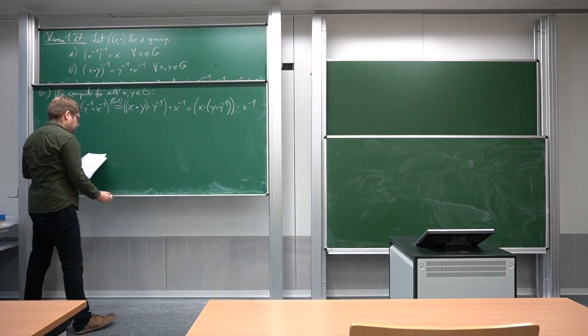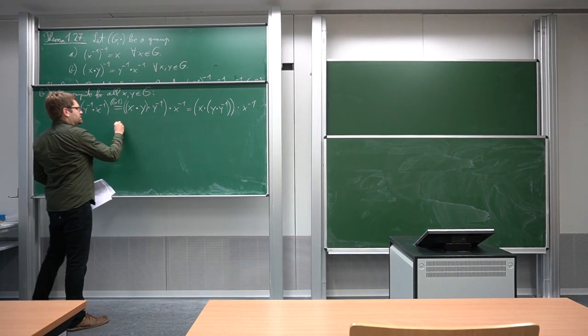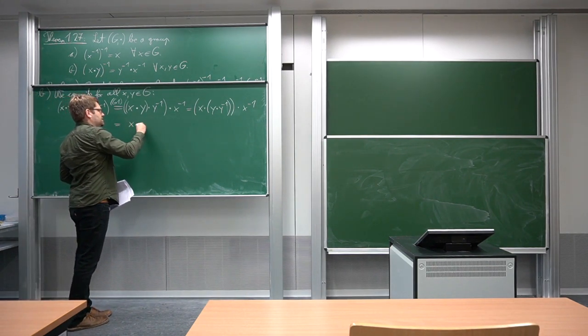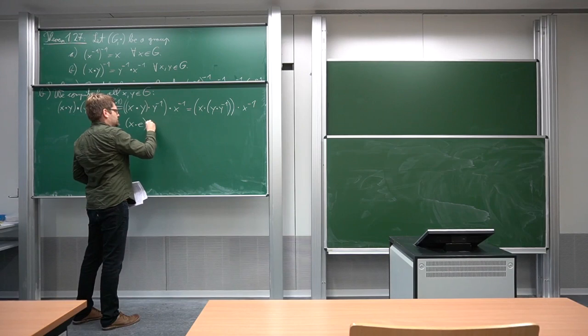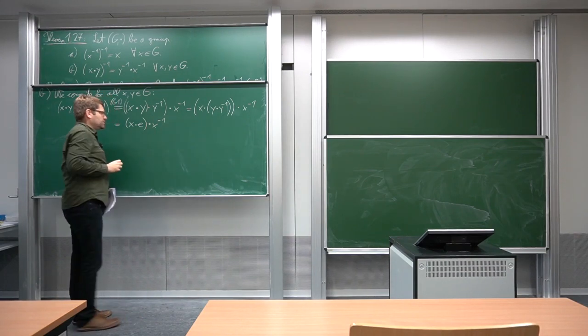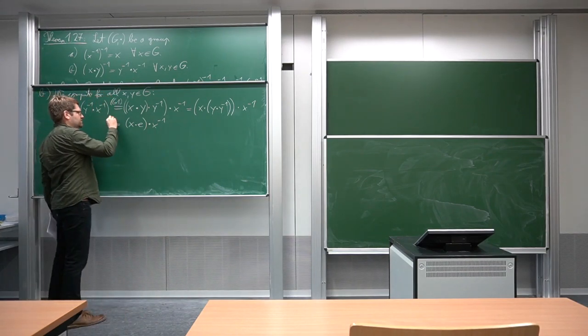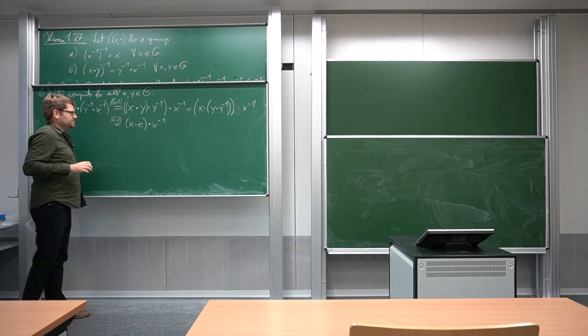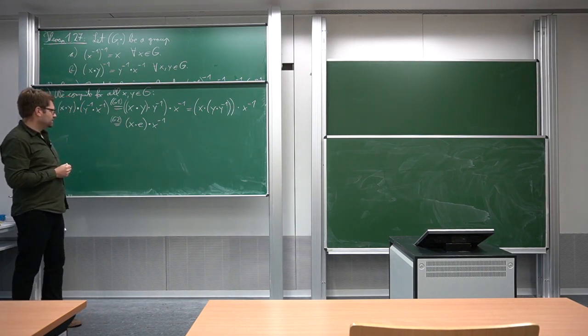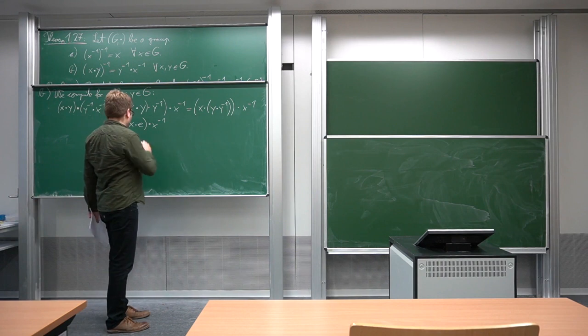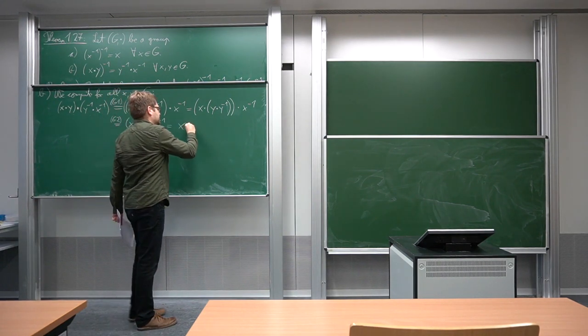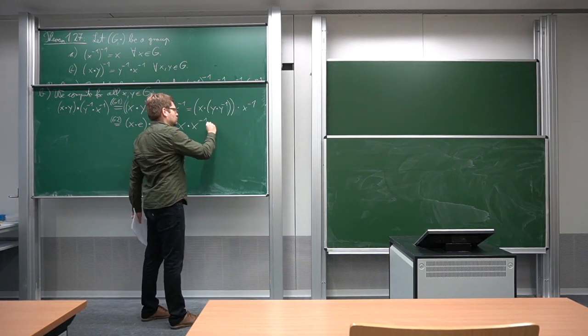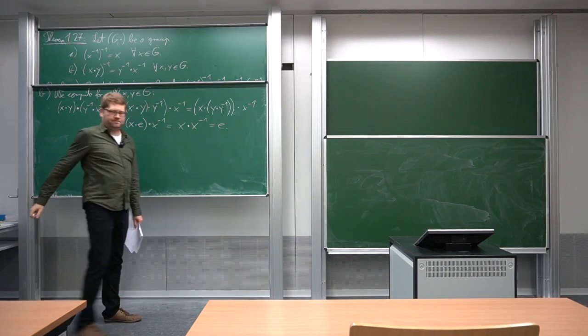So this is the same as x times e times x^-1, but we know multiplication with the neutral element doesn't change the group element, by property G2. So this is the same as x times x^-1, which is indeed e.